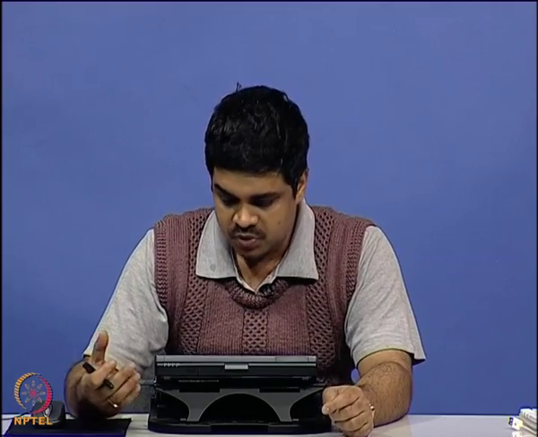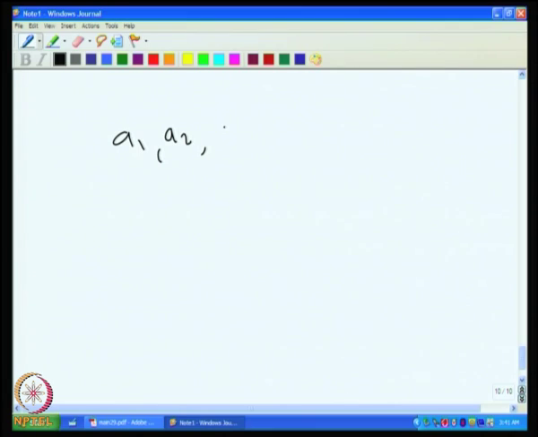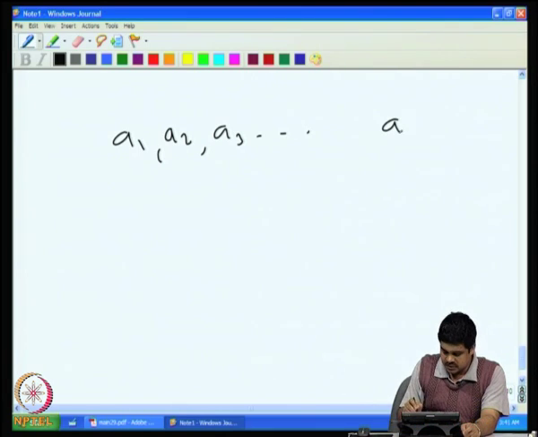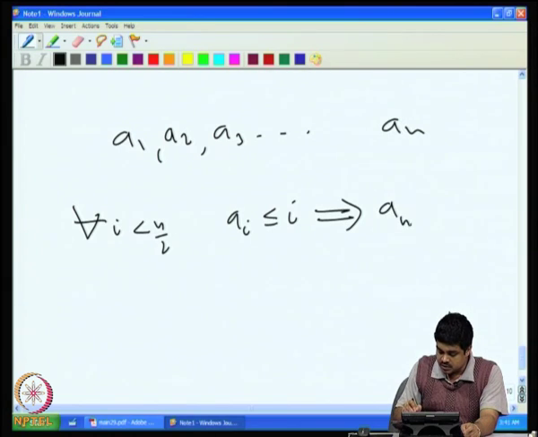That means you have this degree sequence a1, a2, a3, up to an, which satisfies our condition, that is, for all i less than n by 2, ai less than or equal to i implies an minus i greater than or equal to n minus i.